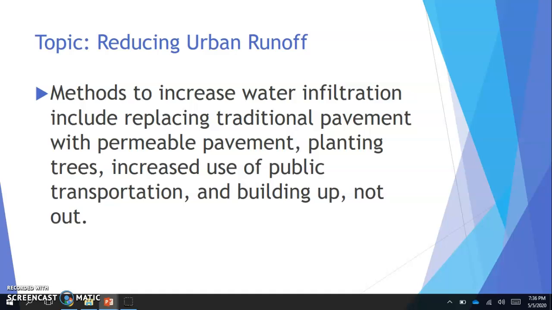A really good example of this, I went to school at Appalachian State University, and I don't know if any of you guys have ever been up there, but it is not a huge campus. So when you think about public universities, a lot of times universities are just spread out everywhere.